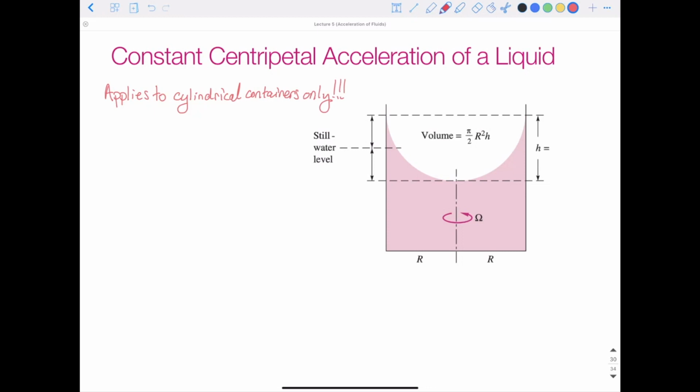So if we have a cylindrical container, then we can find the equation of our free surface. If we said our pressure was equal to P0 and Z was equal to H, this would be our free surface.